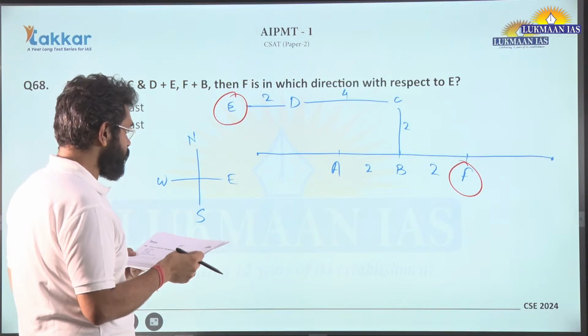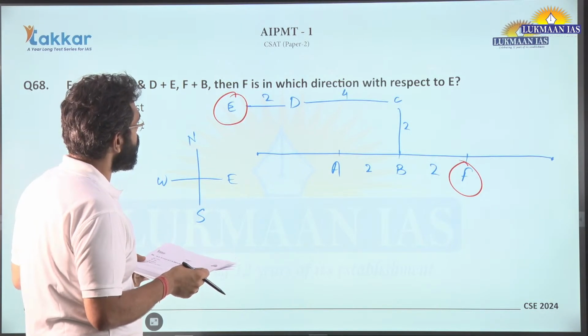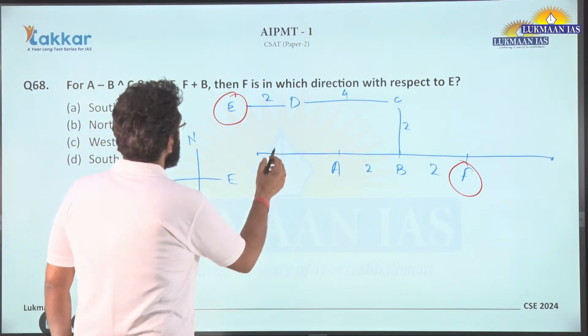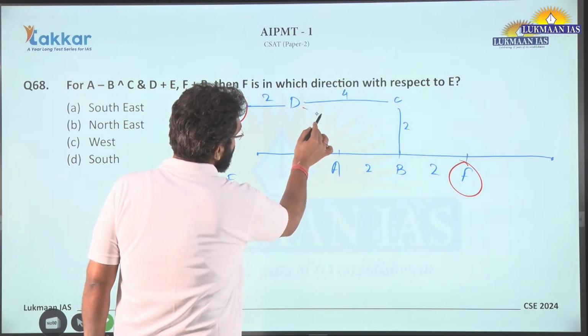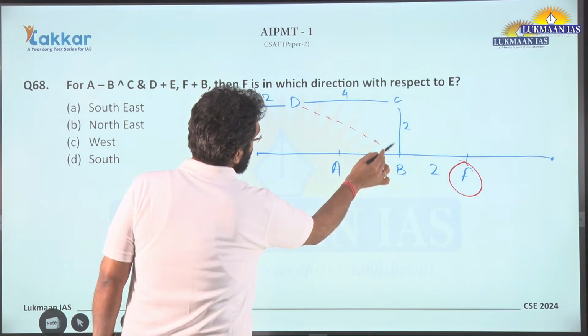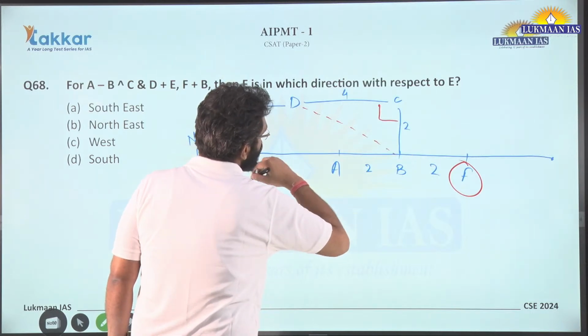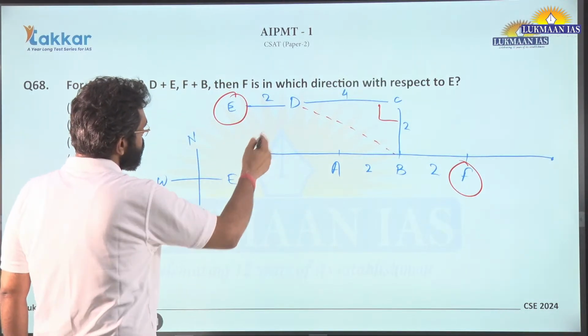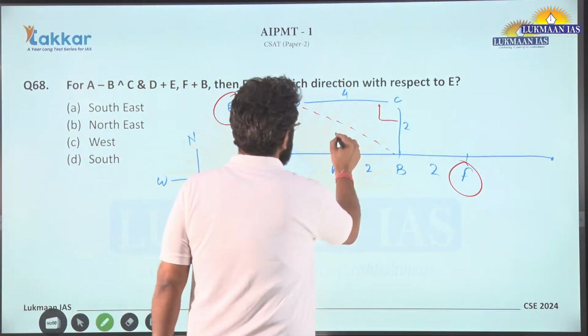What is the shortest distance between D and B? We have already discussed how to find the diagonal of a right angle triangle. Just use that formula again.